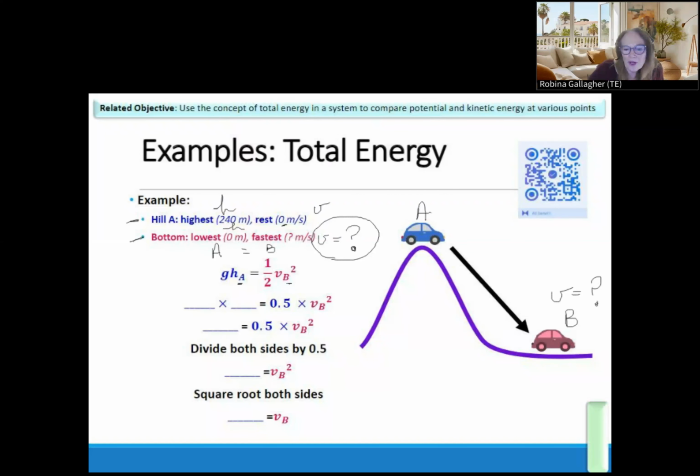Are you guys ready? Okay. So little g is 9.8. The height of hill A is 240. Notice on the right side, my fraction has been converted into a decimal, and this is the variable I need to solve by itself.